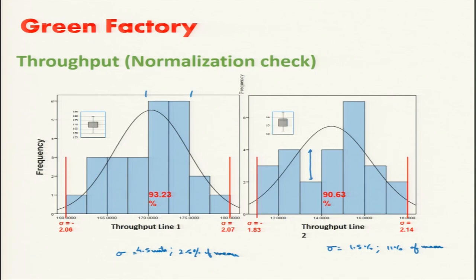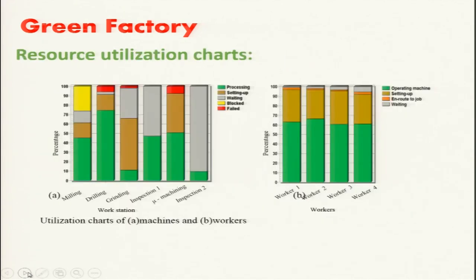So, this is how we develop the green factory, and as I said, we can take this data to Teamcenter to decide on the vendors, where to purchase, where the product goes, those things. That ERP, enterprise resource planning, can be taken in Teamcenter. Tecnomatix just had the plant simulation in it. These are the resource utilization charts that we discussed in the previous lecture. We had the processing and setup times here.